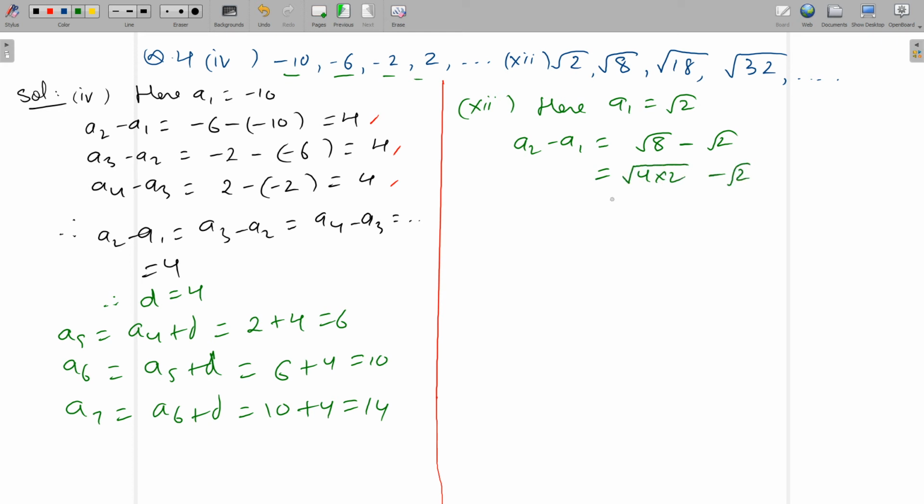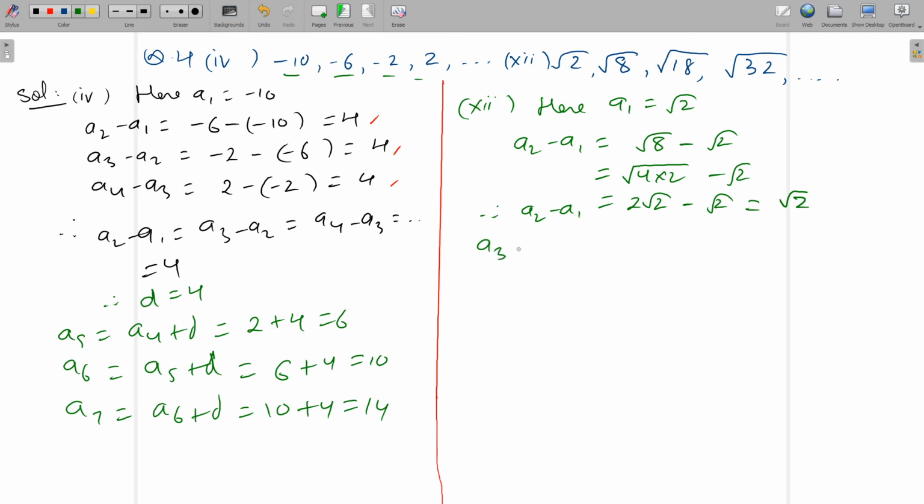So this is equal to, square root of 4 is 2, so 2 root 2 minus root 2, and root 2 means 1 root 2. So you will get 2 root 2 minus 1 root 2, which is 1 root 2. Therefore, a2 minus a1 is equal to root 2.